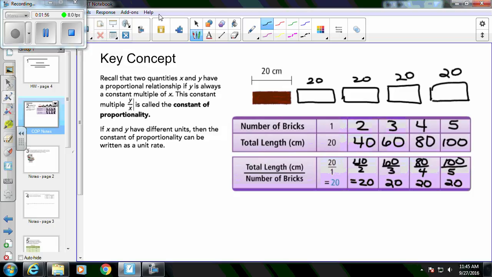When I do the work, I get 20. Okay, so for this, my constant of proportionality is 20 centimeters per brick.